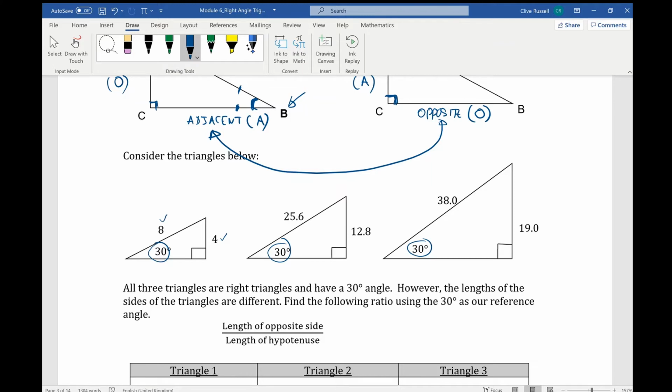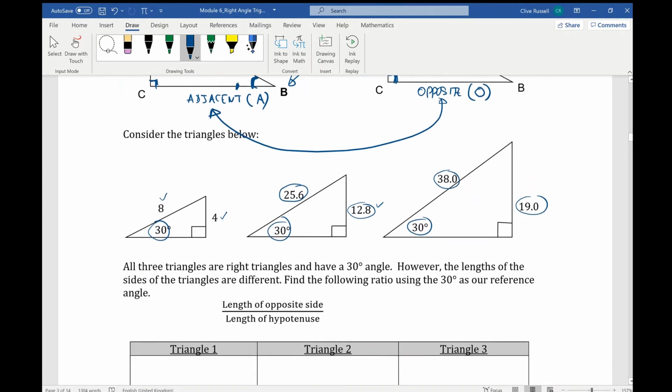You could try this if you want. Try to actually construct these triangles. Here's another one, same reference angle, but this side is 12.8, and you'll find that this automatically turns out to be 25.6. It can't be anything else. If you make this 19, then this is going to be 38.